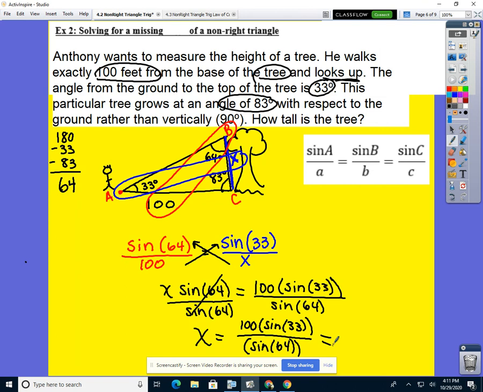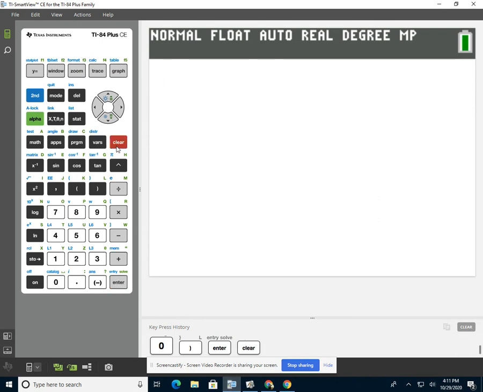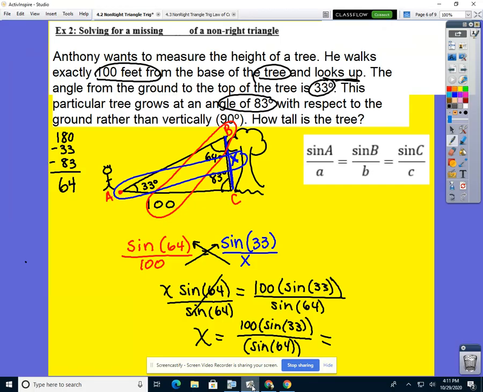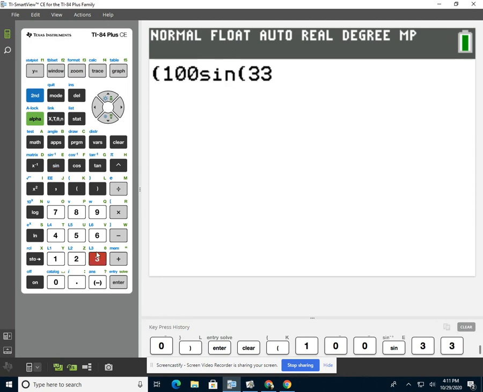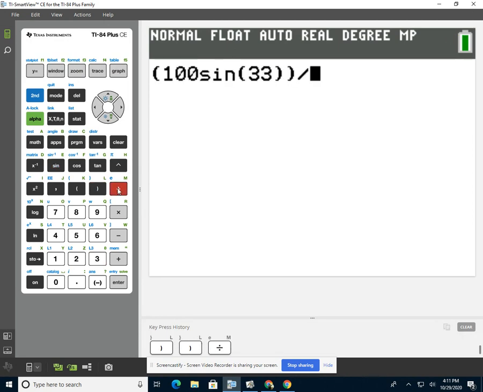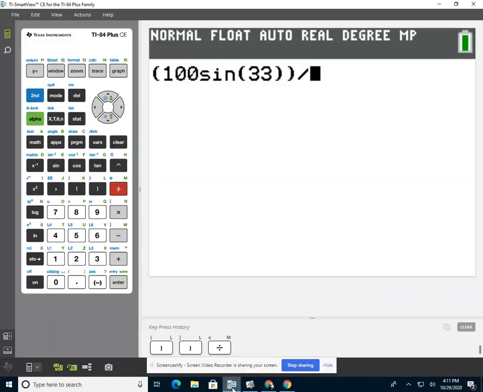So let's go over to our calculator. I still have all my work from earlier, so let me clear that out. What did we have? 100 sine 33, in parentheses, divided by sine of 64. Again, I love those parentheses.